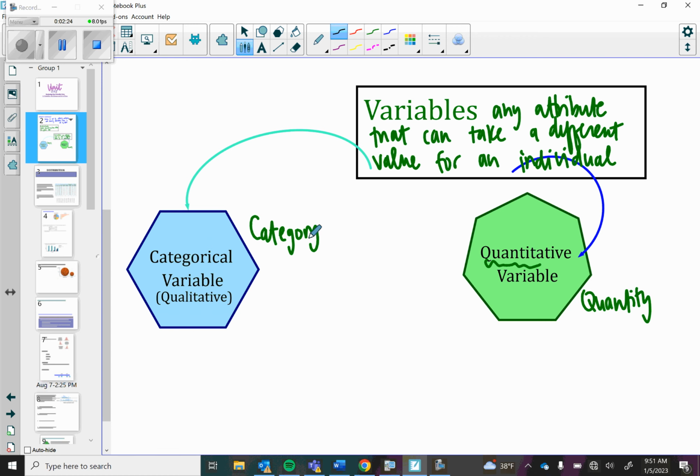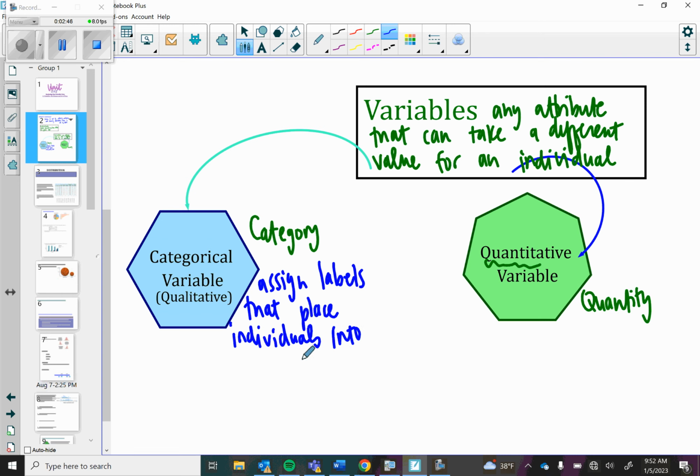And those are really good reminders as to what these two things are. Categorical variables assign labels that place individuals into groups.